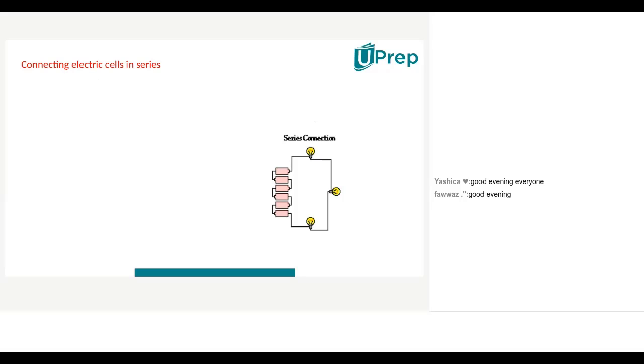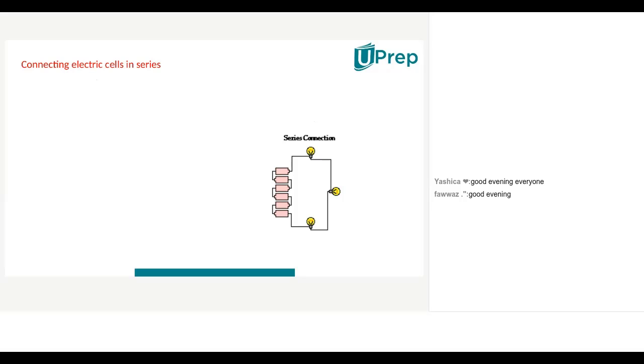What happens if there is a single cell which is offering you 5 volts? Then it produces some current. Ma'am, if there is a 5-volt battery and there are 3 bulbs, it means the current or the charge will be divided into 3.